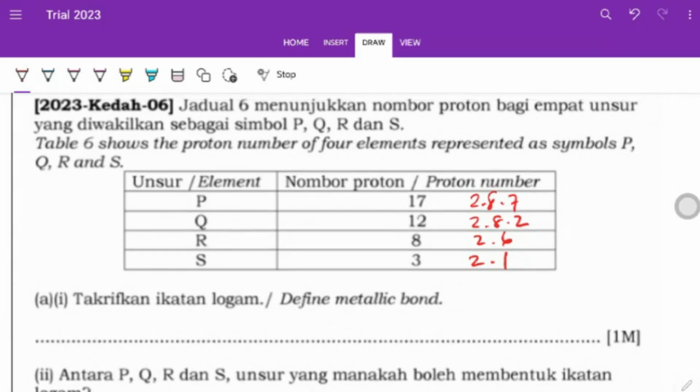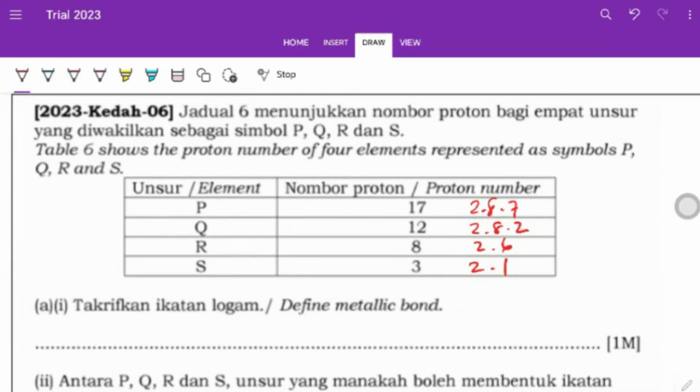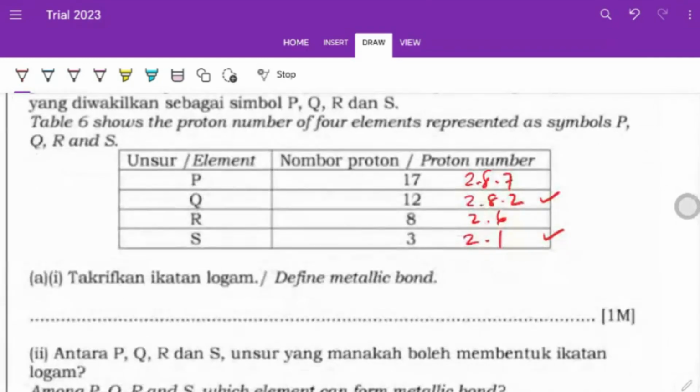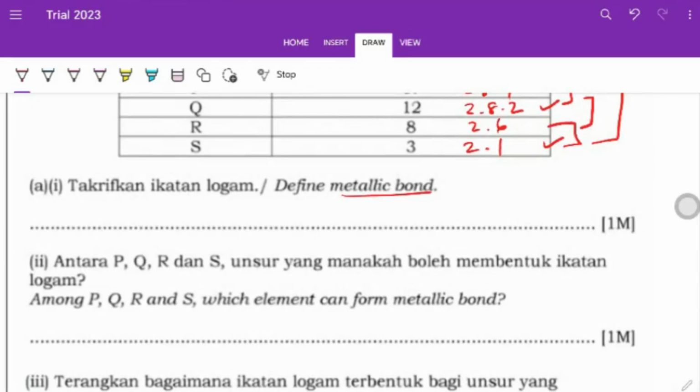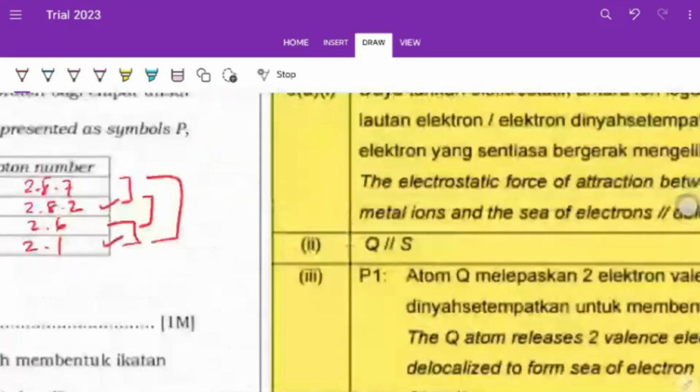So it forms, if under metallic bond, metallic bond will be this one and this one. But if ionic, it will be this one also can, this one also can, this one also can. Okay, so define metallic bond. Metallic bond, how to define, class?